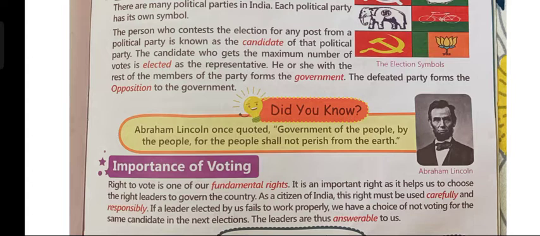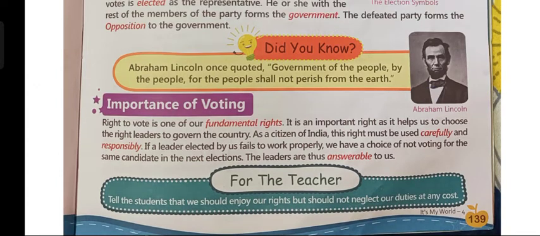Now, children, this quote over here is very important. A question can be asked in exam like, who said government of the people, by the people, and for the people shall not perish from the earth? The correct answer will be Abraham Lincoln. So this is important.